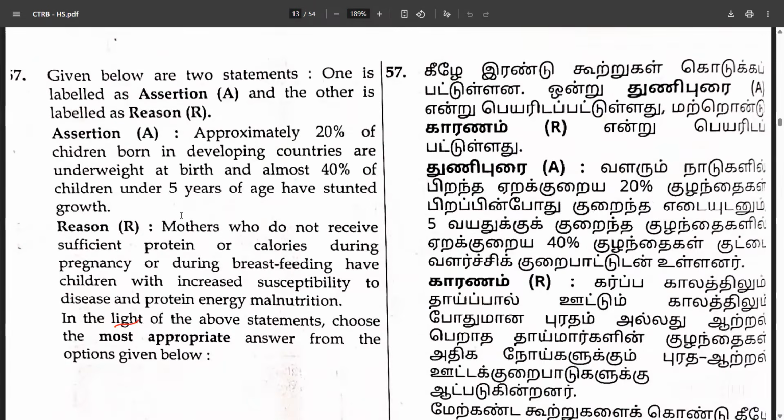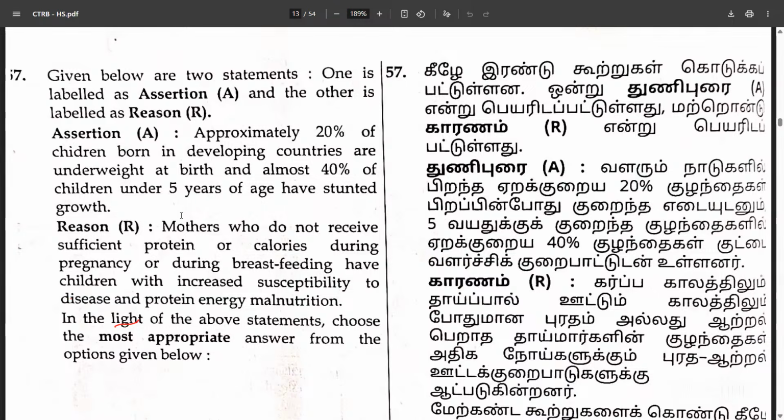Coming to the next question, this is an assertion reason type of question. Approximately 20% of the children born in developing countries are underweight at birth, and almost 40% of children under 5 years of age have stunted growth.